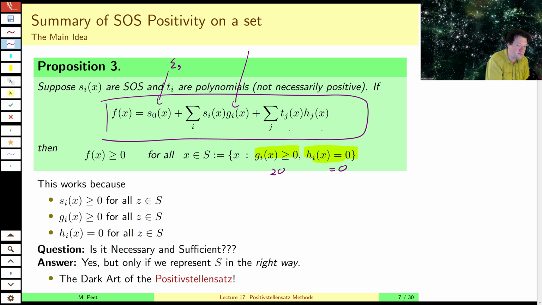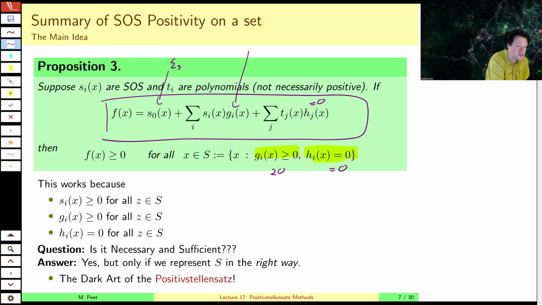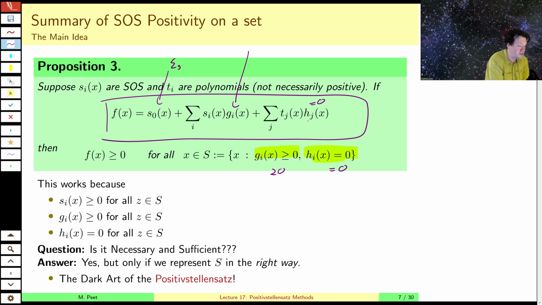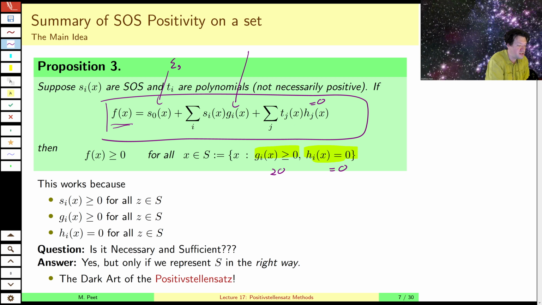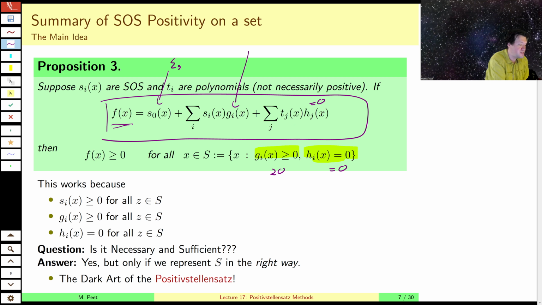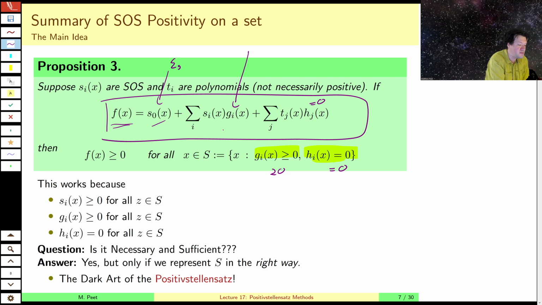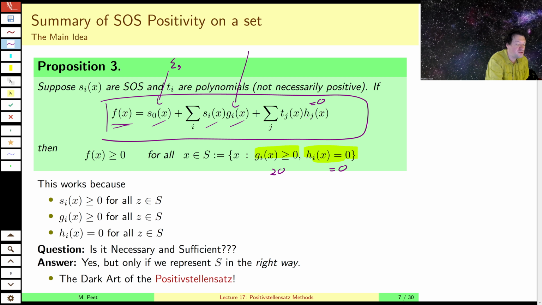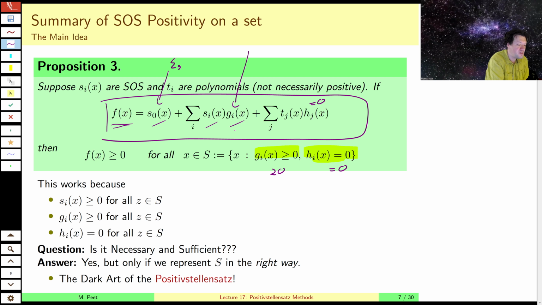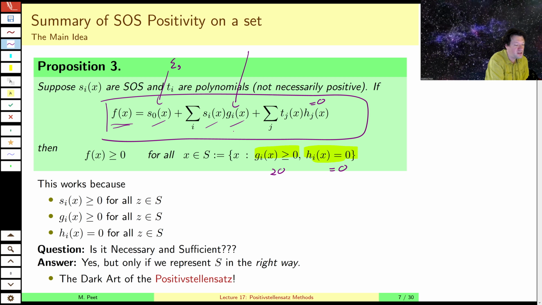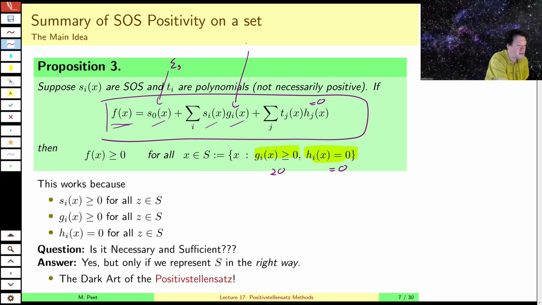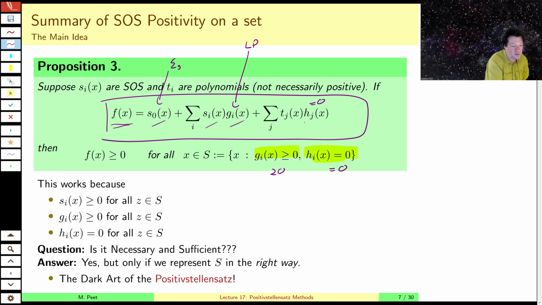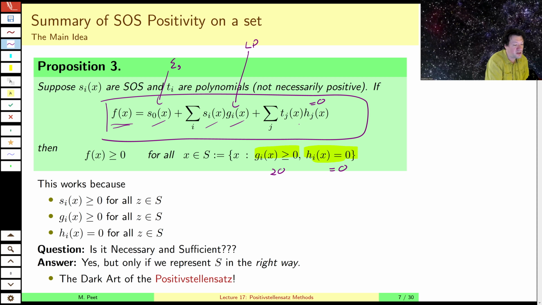So when you include h, this is equal to 0. You multiply anything by 0, and it's still 0. And so this doesn't change the function itself. So if this is positive, this is positive, this is positive, this is 0, then we have two sort of new inferences. If we now take products of G, which are positive on the set, local positivity, and then we also add terms which are 0, that's also positive.